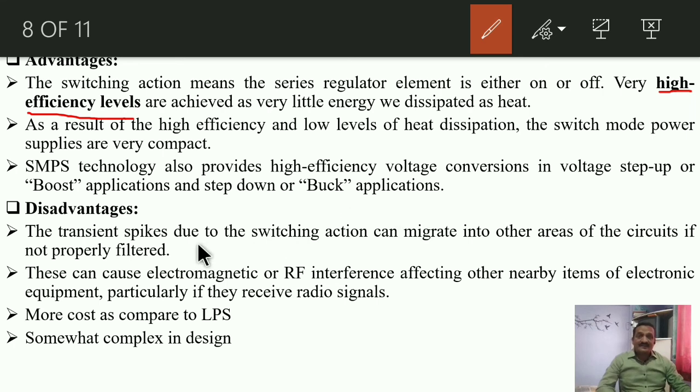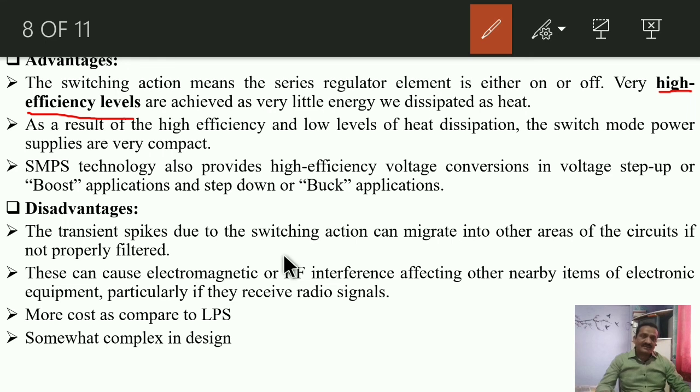Now there are some disadvantages also to any system. Whenever we discuss the advantages, there are also some disadvantages. The transient spikes due to the switching action can migrate into other areas of the circuit if not properly filtered, is it? As there is a switching transistor, the frequency of switching is 10 kilohertz to 100 kilohertz.